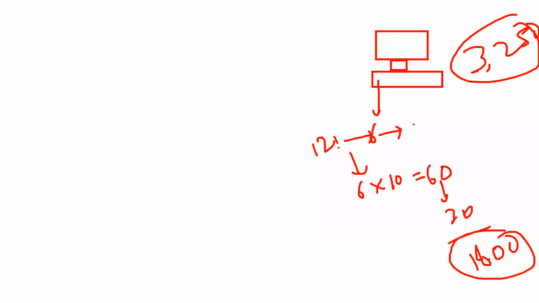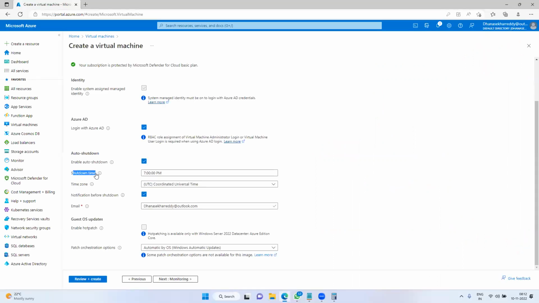60 into 30, a total of 1,800 rupees I can save if I shut down my virtual machine in non-business hours. If you want to do auto shutdown, here you can mention the shutdown time. I am giving midnight 12 o'clock, and it wakes up at morning 6 a.m. Then the VM starts; that is up to you. At any cost, at midnight 12 o'clock your virtual machine will get shut down, as per the UTC time zone.